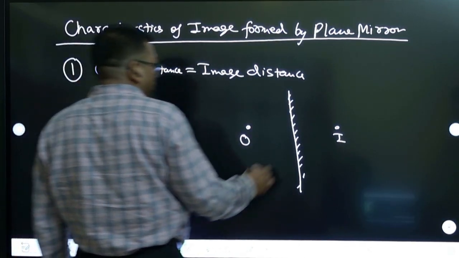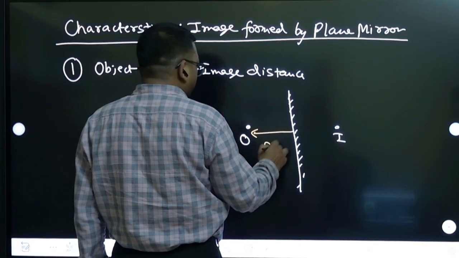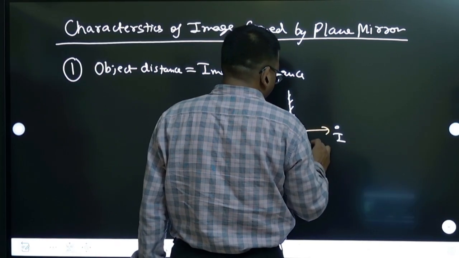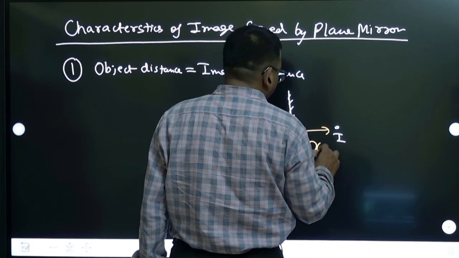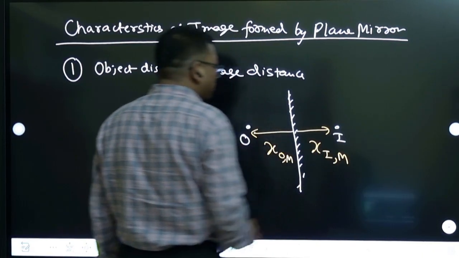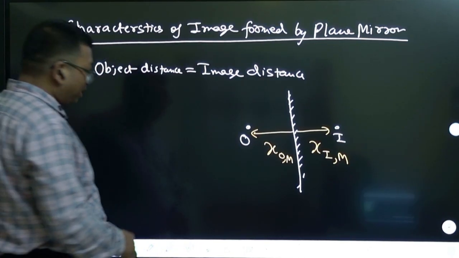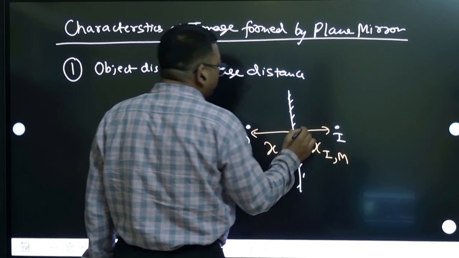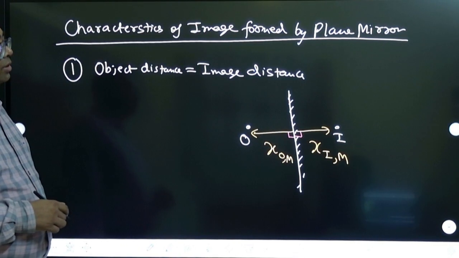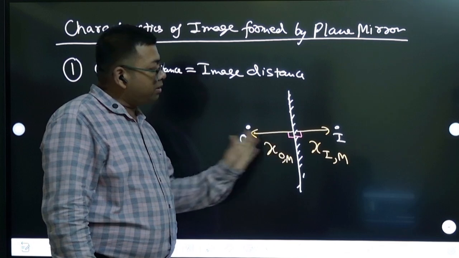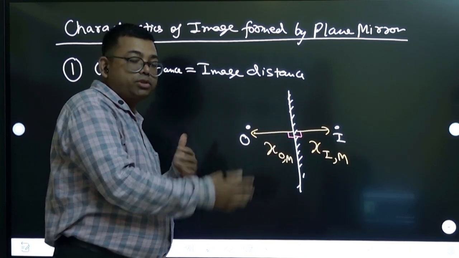If I measure the position of the object like this, this is the position of the image. But remember, this is with respect to the mirror, and you are measuring in the perpendicular direction. So the perpendicular distance will be equal, but their positions are opposite of each other.